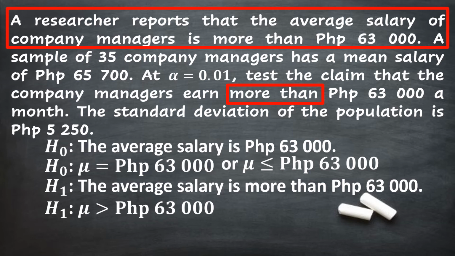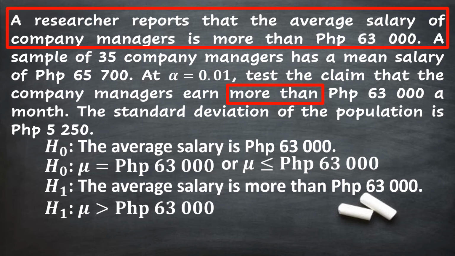Ito yung sinasabi ko kanina na if you have seen some statistical books that do not use the equal symbol only for the null hypothesis, ito yon. Yung null hypothesis natin can be written as population mean is less than or equal to 63,000 pesos.